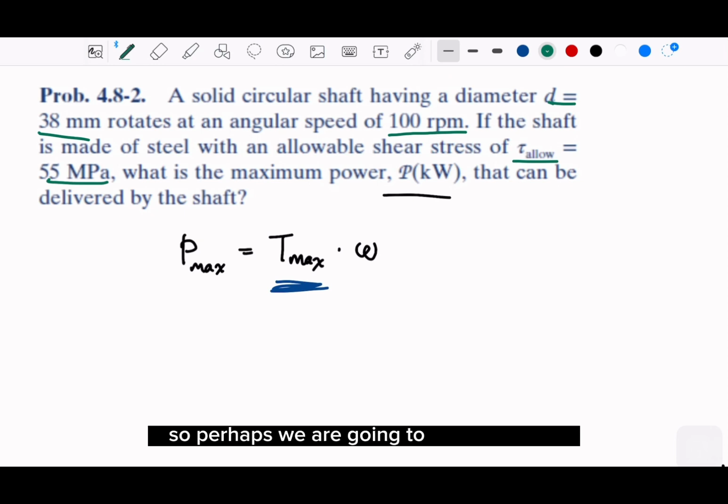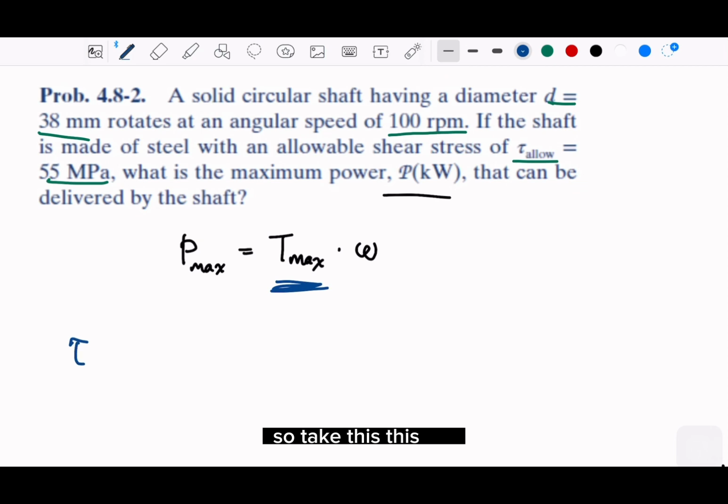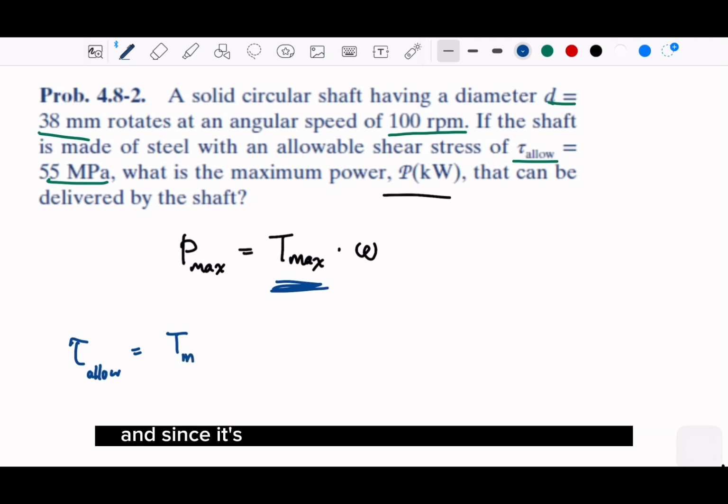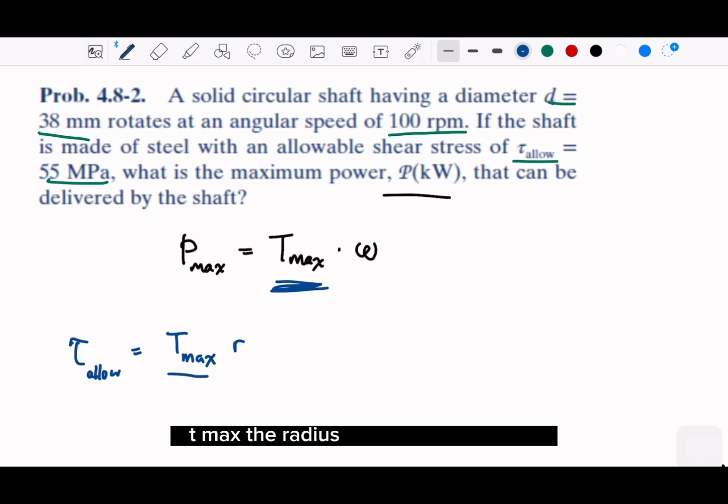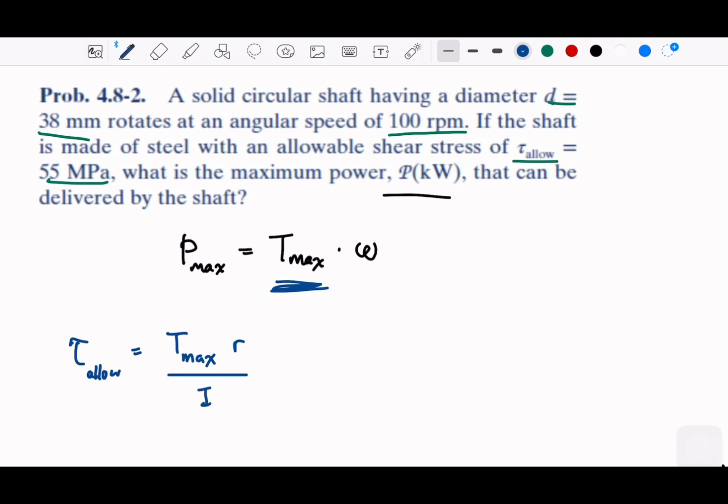So perhaps we are going to take from this the allowable shear stress, so take this tau, and this will be T. And since it's already the allowable, let me write it and make this the maximum torque that can be applied. T max, the radius over the inertia. Okay, it's always like that, right?